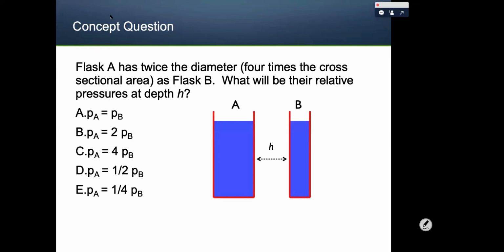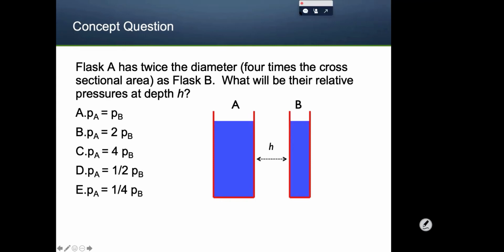What will be the relative pressures at the same height h below the surface of that fluid? Will they be equal to each other? Will P_A, the pressure at A, be twice the pressure at B? Will it be 4 times the pressure at B? Or will it be half or a quarter? At the same height for these two flasks A and B, what will the pressure difference be at that particular point? Which will be higher and by how much?